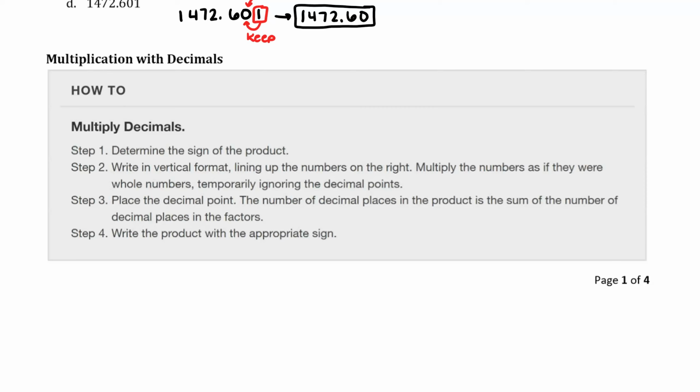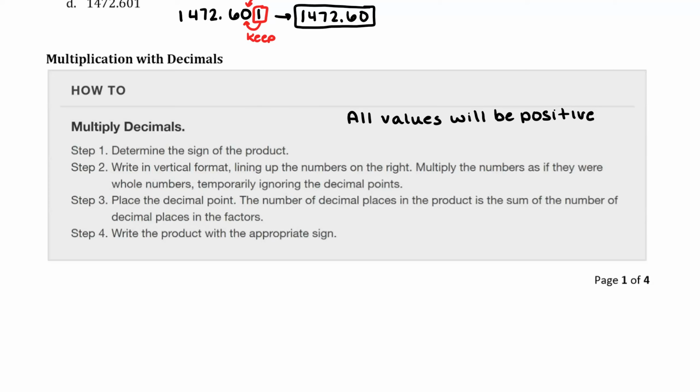Since we're in the health science field, all the values will be positive. So the sign of the product will always be positive.